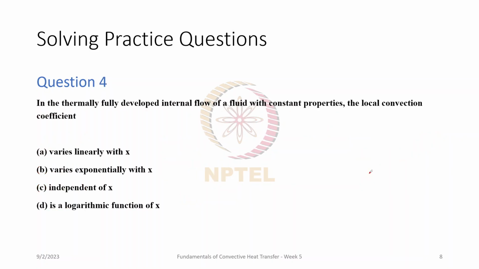We'll move on to question number 4, which is asking us, in the thermally fully developed internal flow of a fluid with constant properties, the local convection coefficient, option A, varies linearly with x, option B, varies exponentially with x, option C, independent of x, or option D, is a logarithmic function of x. So the local convection coefficient, which is h of x, in a fully developed internal flow.